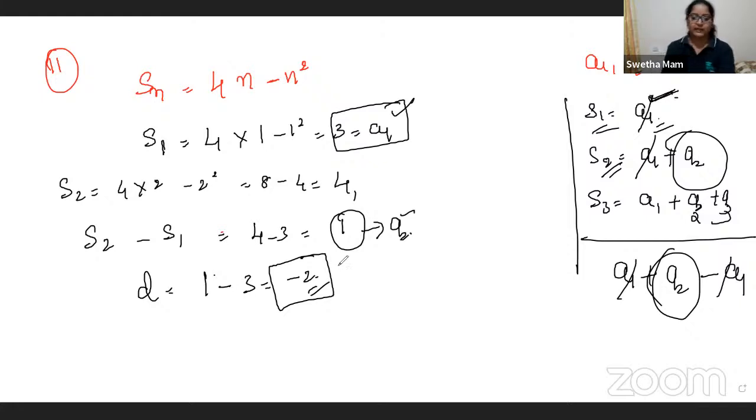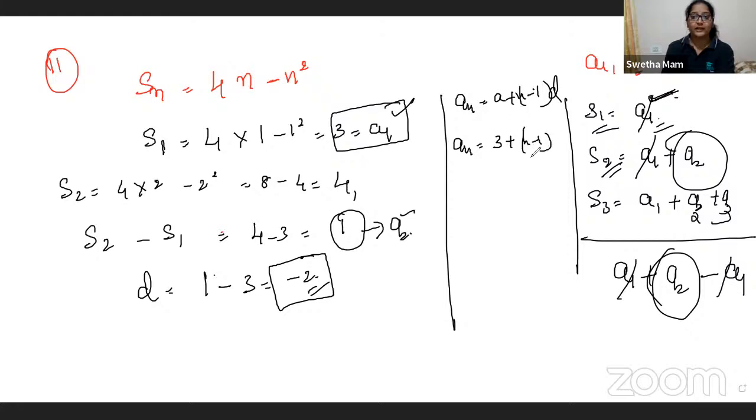Okay, now what have they asked us to find? They have asked us to find the nth term. So write AN is equal to A plus N minus 1 into D. We don't know AN as it is. What is A? The first term is 3.